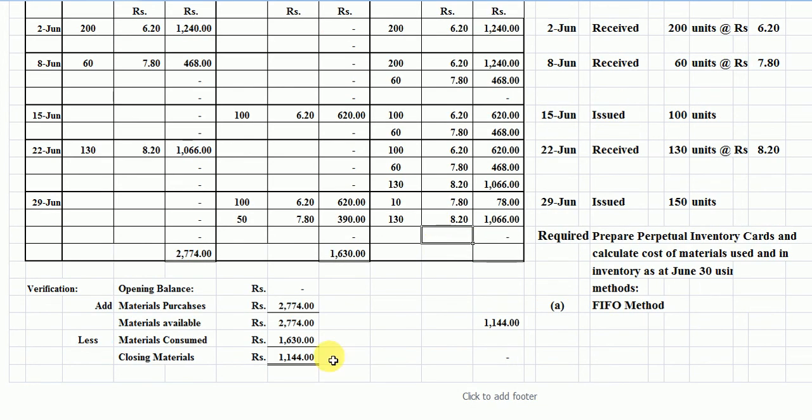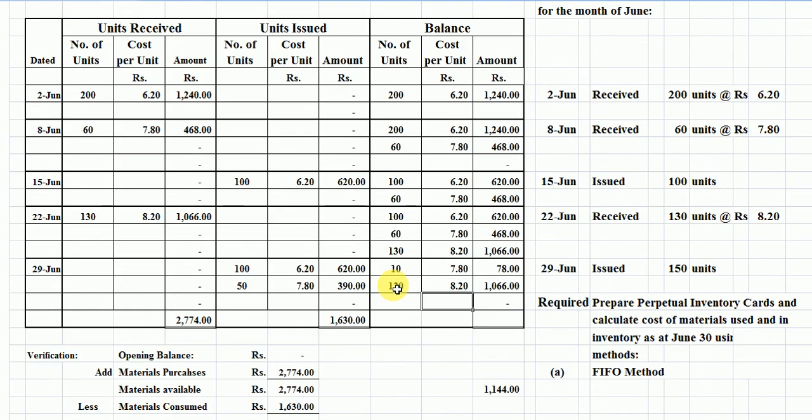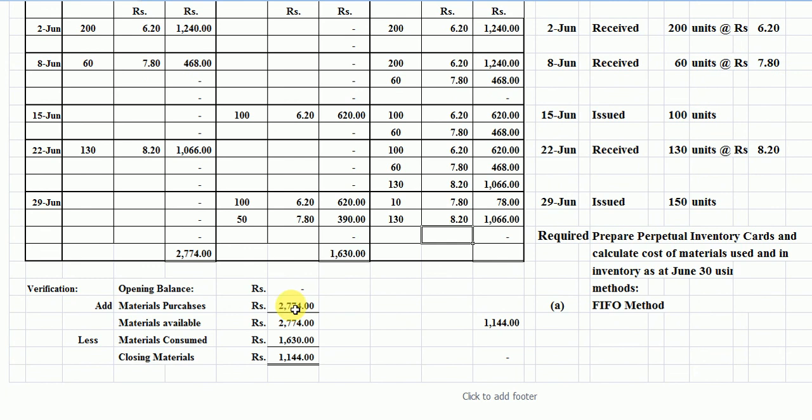Students, now this is our verification whether our question is correct or incorrect. You are looking here, the purchasing amount is 2,774 rupees. We have no opening balance here, our opening balance is 0. The monthly purchase is 2,774 rupees.